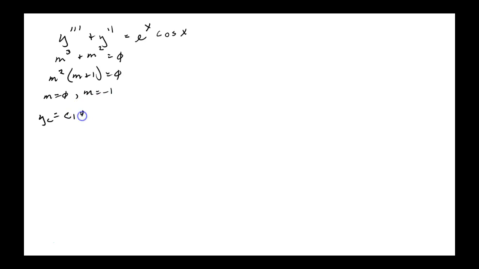Well, how about the next one? Wait, don't even go there yet. This is a double root, remember? So it's just C2 x. Raise it by 1. Okay, he's a poker player, so he knows to raise by 1.